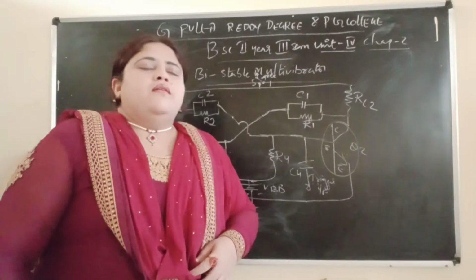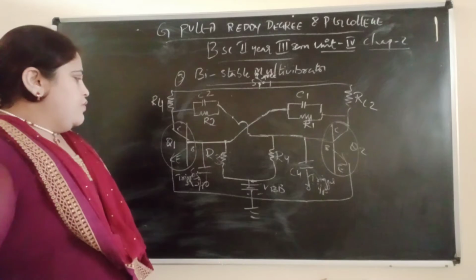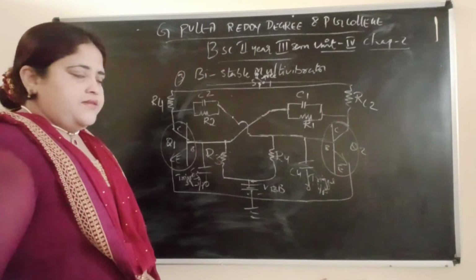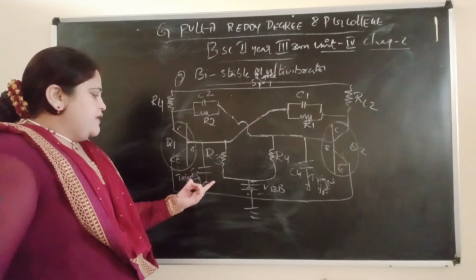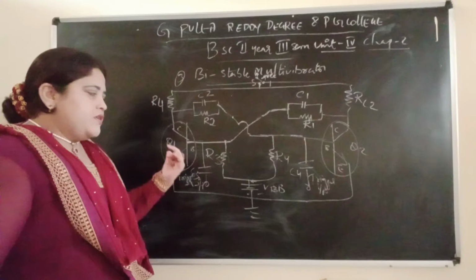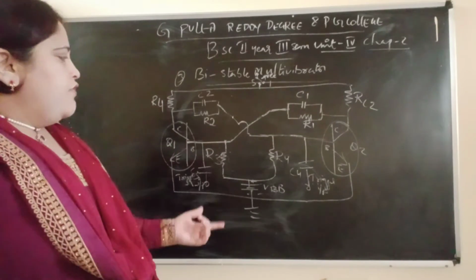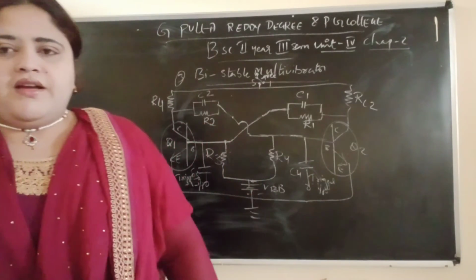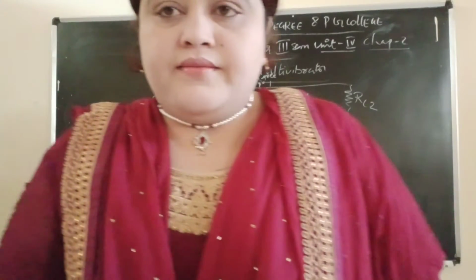Then to trigger this circuit, we have given C3 and C4 triggers. If you give a trigger to C3, Q1 will be triggered. If you give a trigger to C4, Q2 will be triggered.